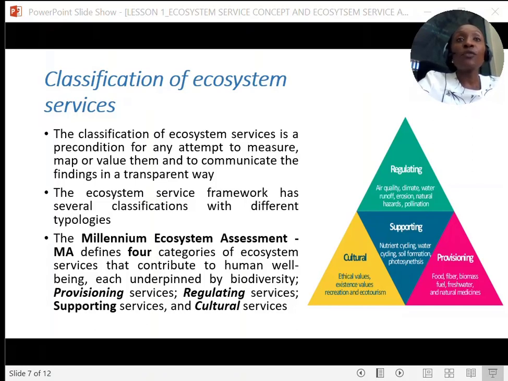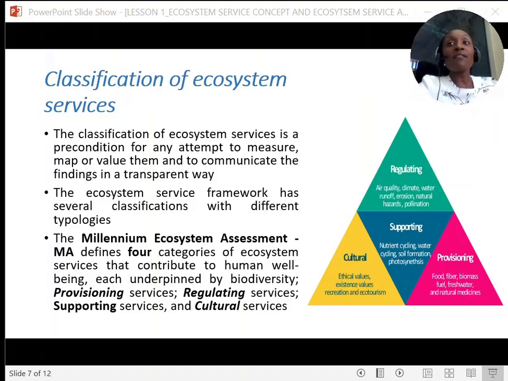Now, the classification of ecosystem services is by character considered a precondition for any attempt to measure, map, or value ecosystem services. And it is also considered a gateway to communicating the findings in a more succinct and transparent way.